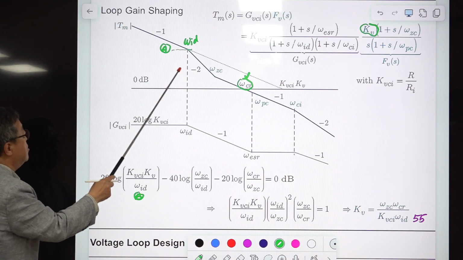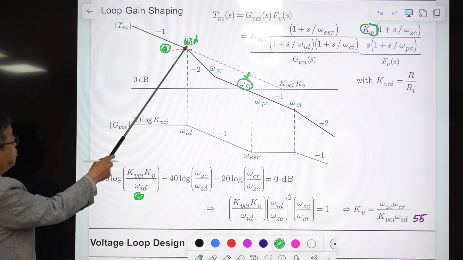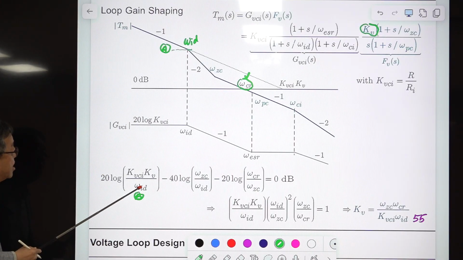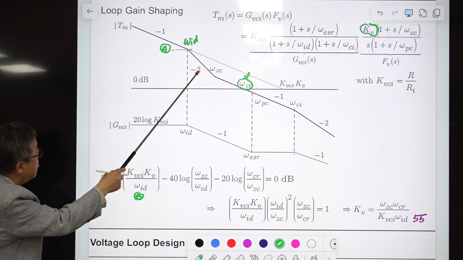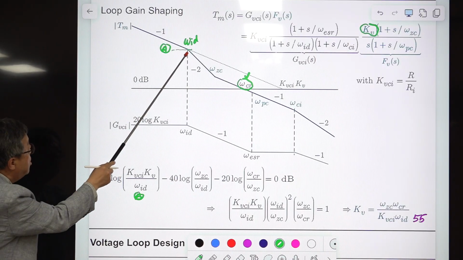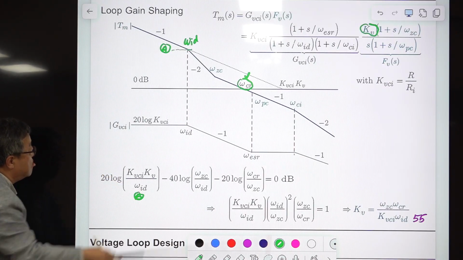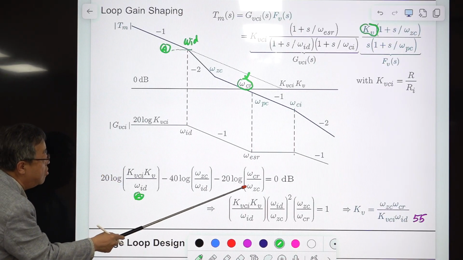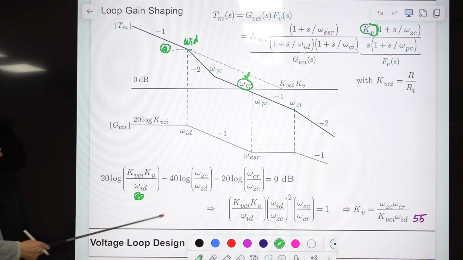So this is the integrator gain. It was s, and you replaced s with this omega ID, giving this value, and that value is declining with -2 slope from here to there, and this declining slope is -1, shown here. This is 0 dB at omega CR. This is the log equation.